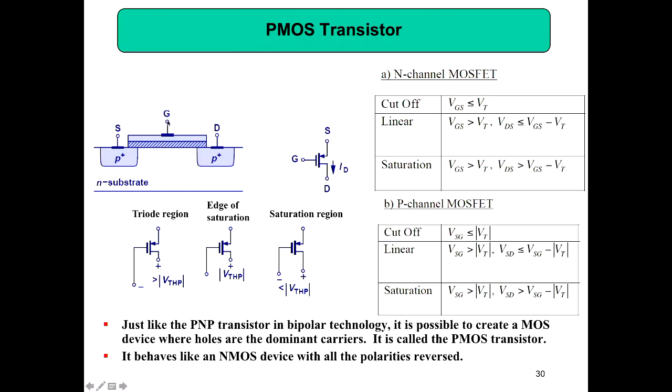This is the N substrate, where the majority carriers are electrons, so there are many free electrons here. When you connect a negative charge here, those electrons will be repelled down initially, and you get a depletion region here initially.